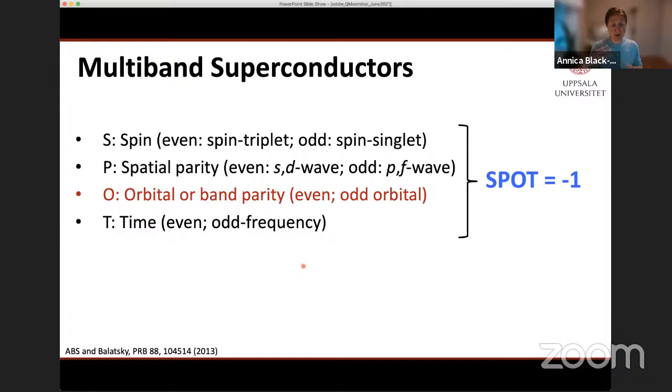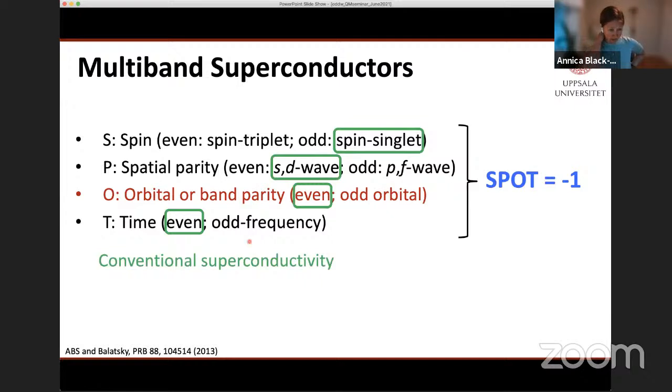And one way to think about which combinations you can have is to think of what could be called a SPOT rule. And this SPOT symmetry has to be equal to -1. So S here is a spin state that can be even or odd, spin singlet or spin triplet. P is the spatial parity, O is the orbital or band parity, which can be even or odd, and then we have T, the time or frequency.